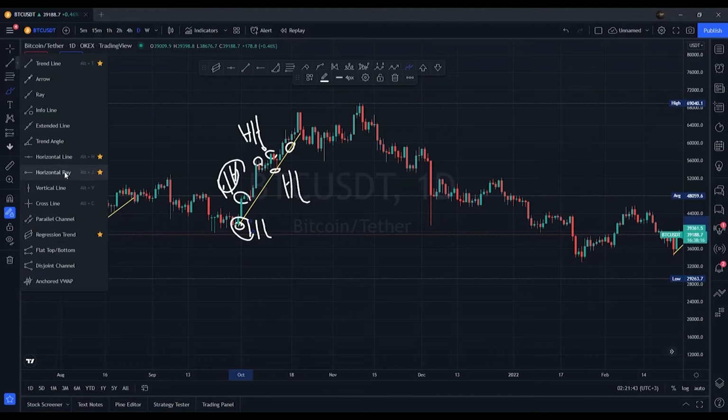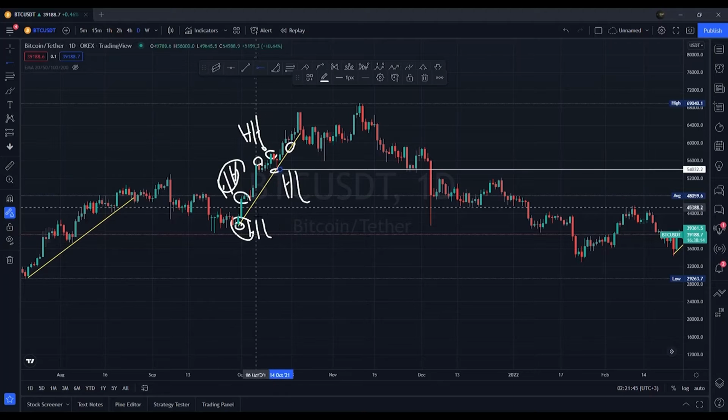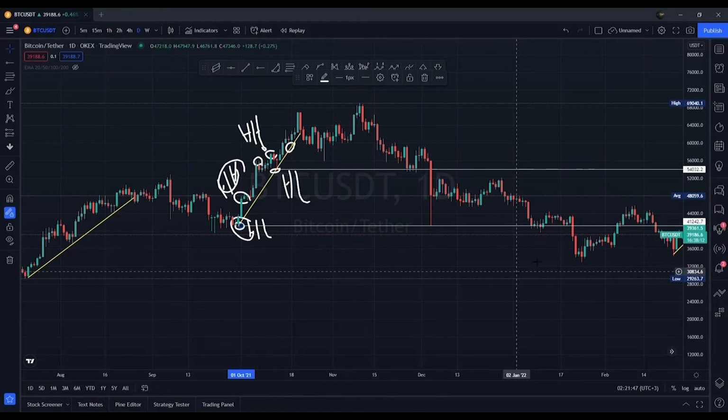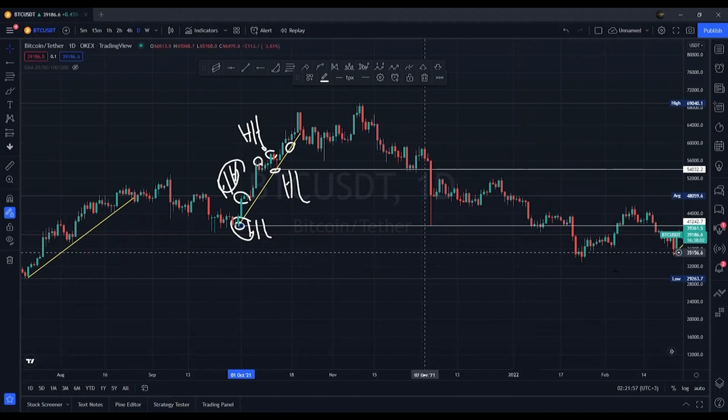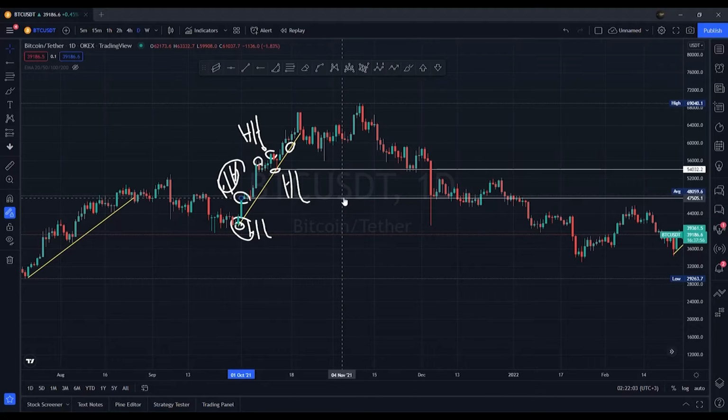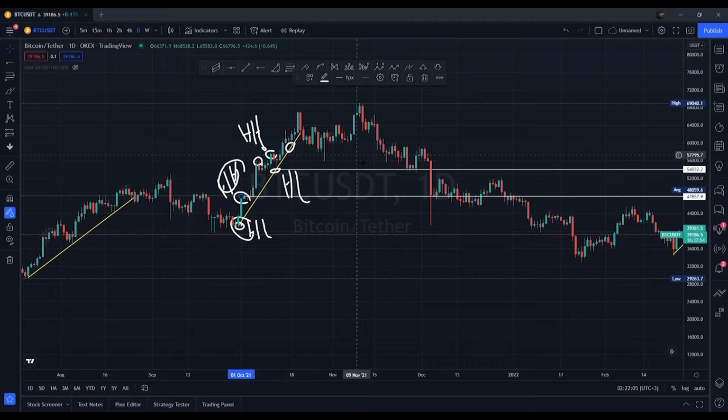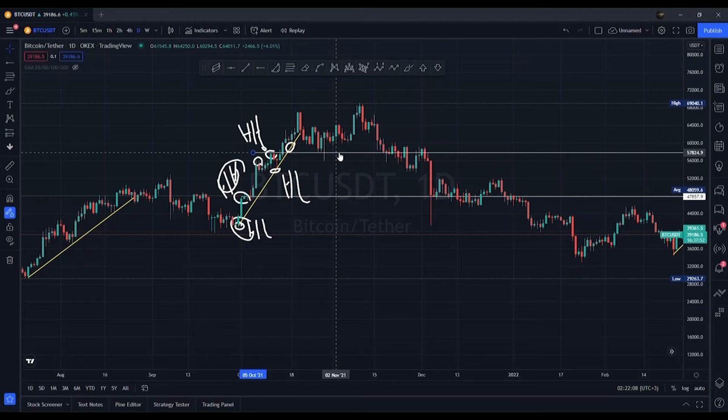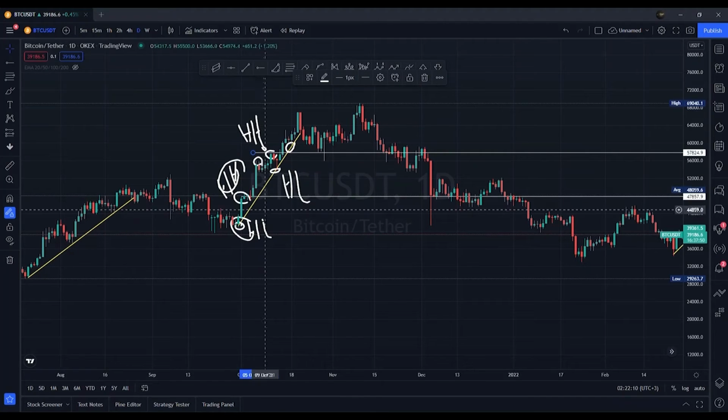Look at the price, okay, let's choose this one and this one. Look, our current higher low is 54k and the previous higher low was 41k. And let's look at the previous higher high and the new higher high.